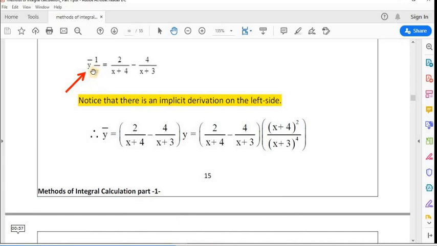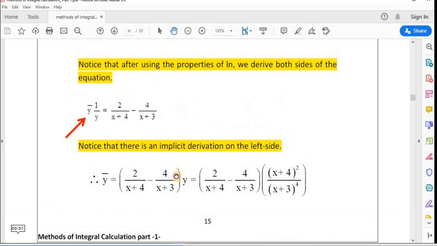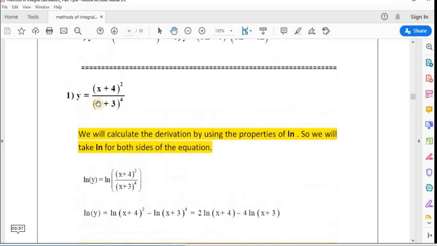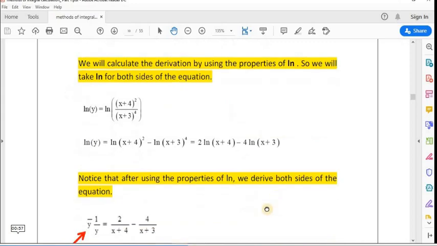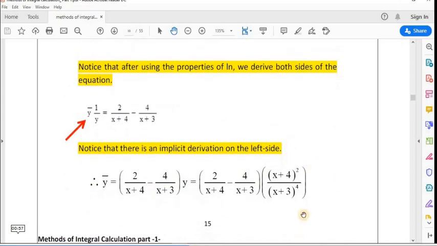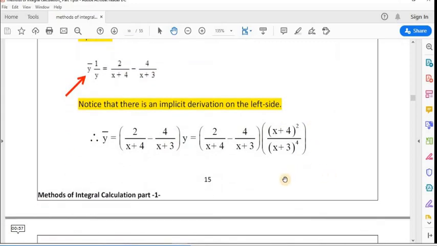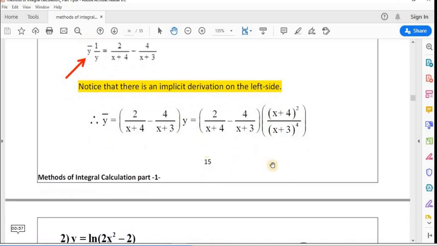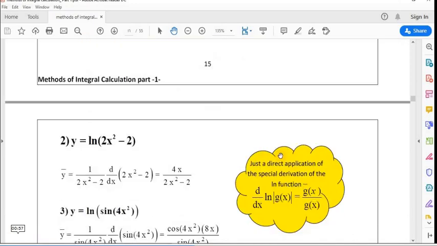So we need the derivative y', it will be equal to this part multiplied by y. And what is y? y equals this function. We will substitute and we will get the derivative of this function.